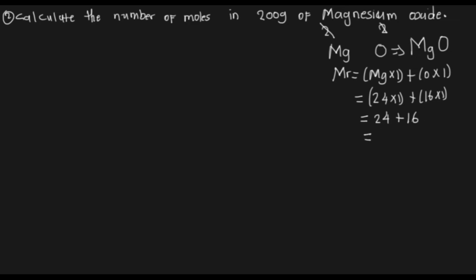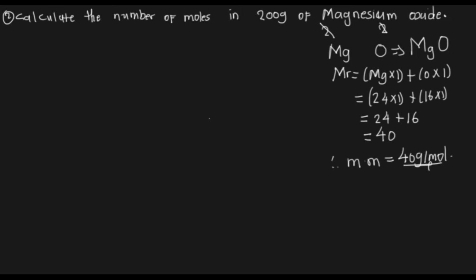So 24 plus 16 is 40. So this is our Mr. Therefore we can now say the molar mass is equal to 40 grams per mole. So now we have found the relative formula mass of magnesium oxide.